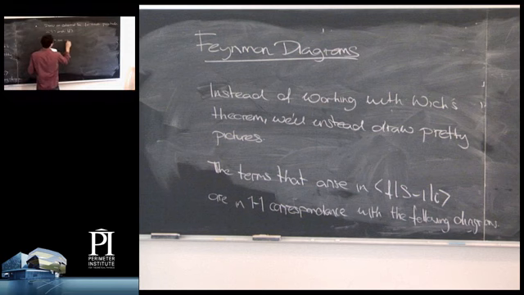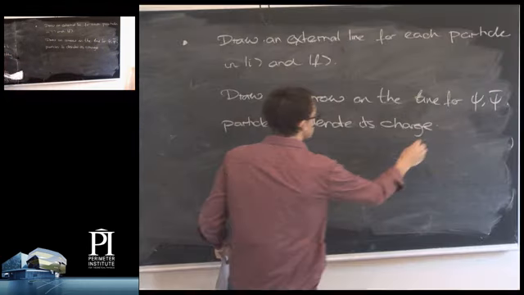So we draw an arrow on the line for psi particles to denote its charge. Okay, so we're not going to draw lines for the mesons, because the arrows are going to correspond to charge, and the mesons are real and therefore don't carry any charge.